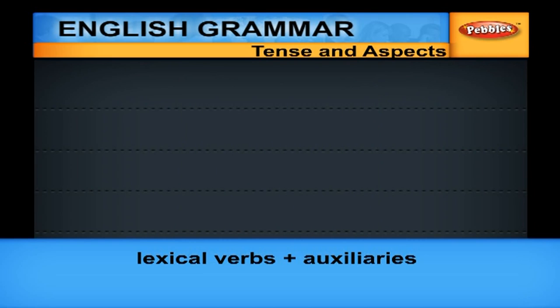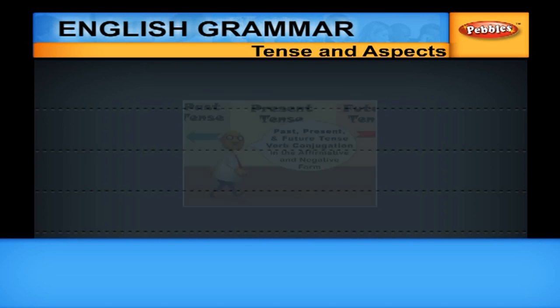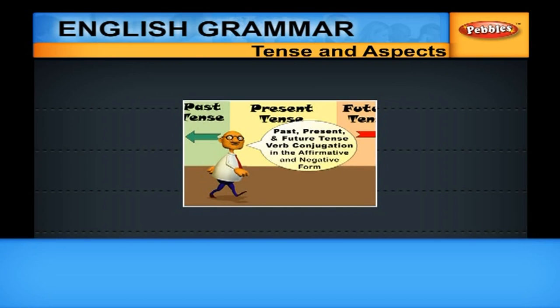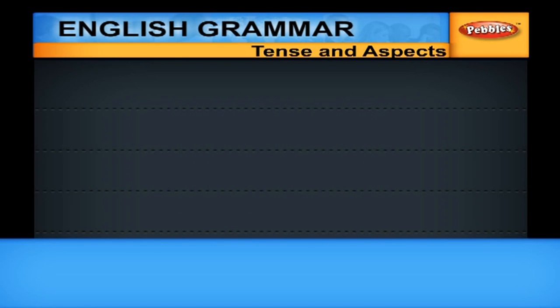So, let us try to recapitulate what we have done so far. Verb is one of the important parts of speech. Verb is essential part of a predicate. Verb can denote an action, it can state a being, and it can talk about possession. A verb shows tense and aspect.